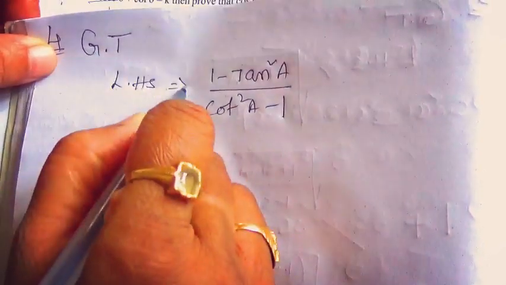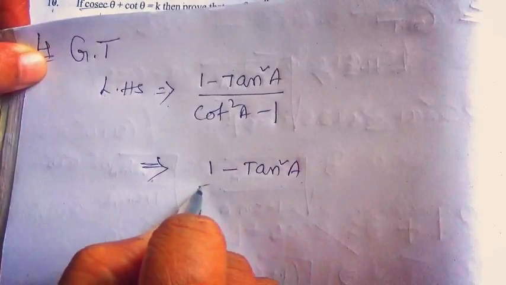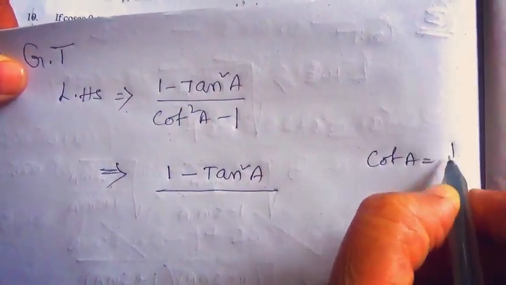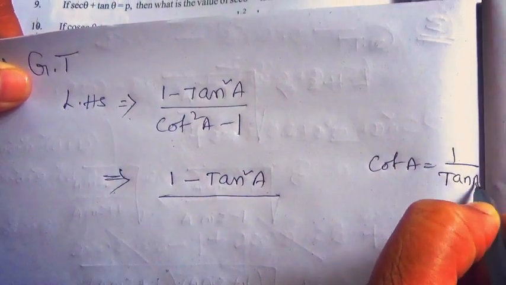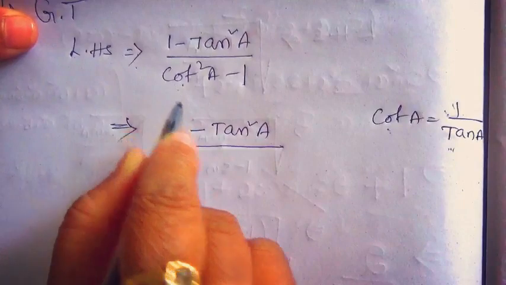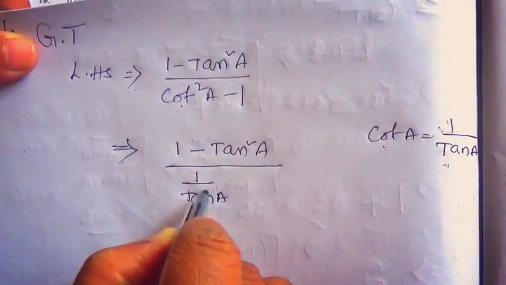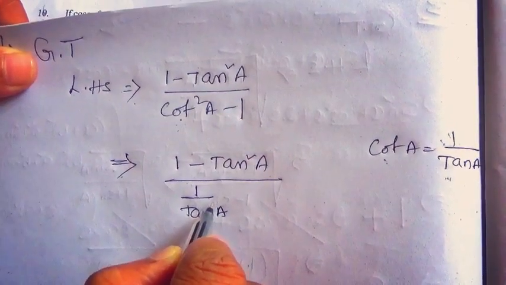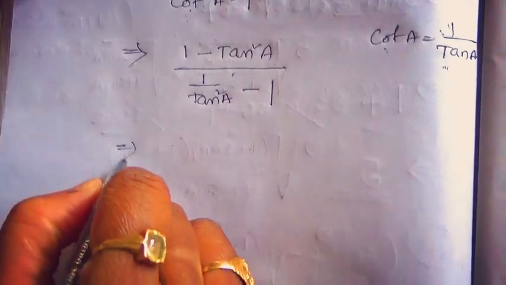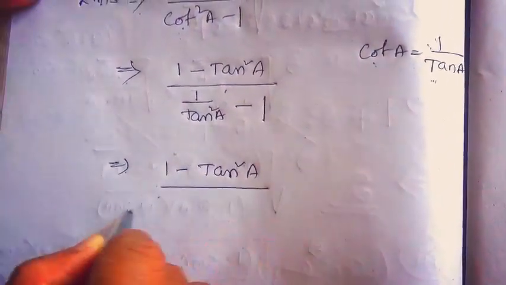That implies 1 minus tan square a by, we know that cot a is equal to 1 by tan a, the reciprocal of tan is cot a. So in place of cot a, I am writing 1 by tan a, whole square, minus 1.